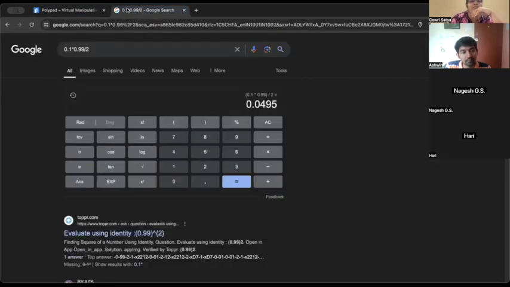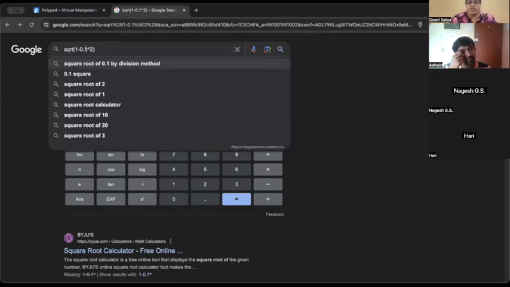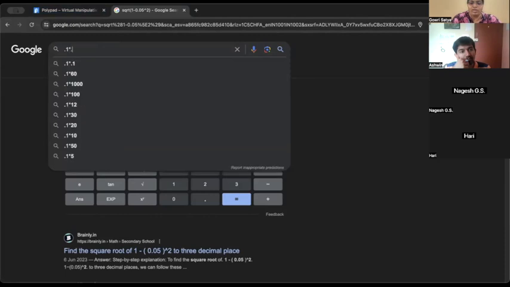Did I do it properly? So 1 minus, oh, sorry, this should be 0.05 squared. Okay, 0.998. Doesn't matter. I've taken it as 0.99. So then 0.1 times 0.99 by 2.